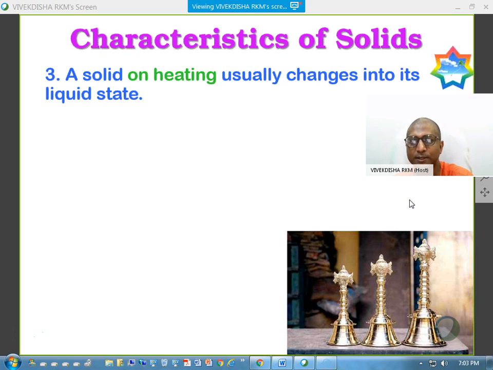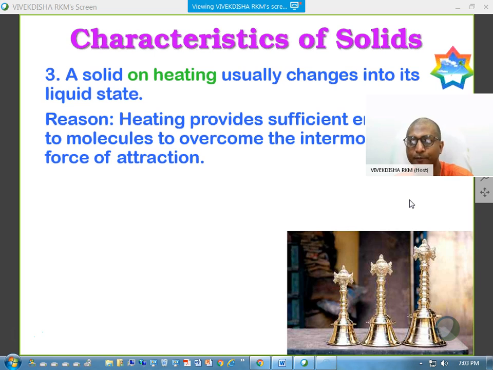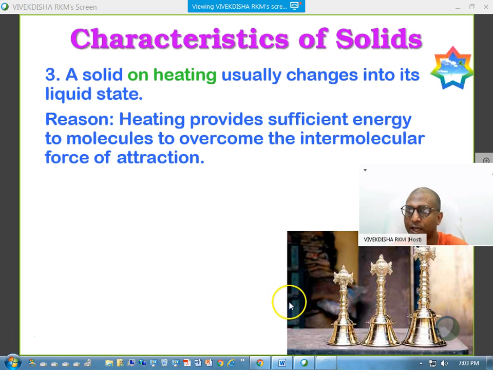The next one we have seen, if we want to put the reason from the molecular level, because heating provides one thing. What will heating provide? Heating provides sufficient energy to molecules to overcome the intermolecular force of attraction. Initially, we said there was a huge intermolecular attraction. That's why a solid can keep its own shape, one definite shape.